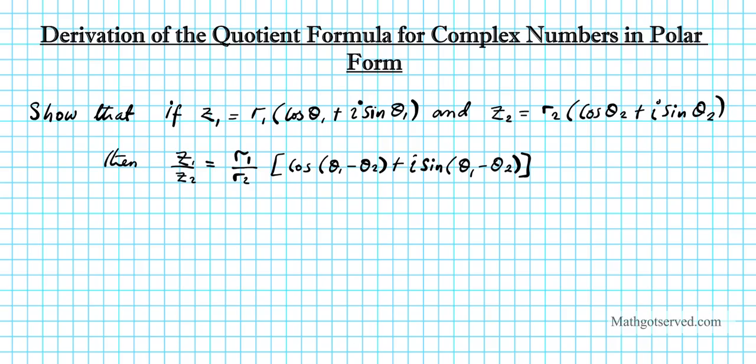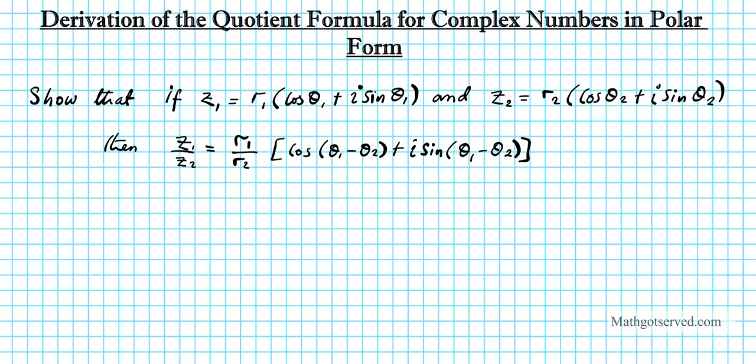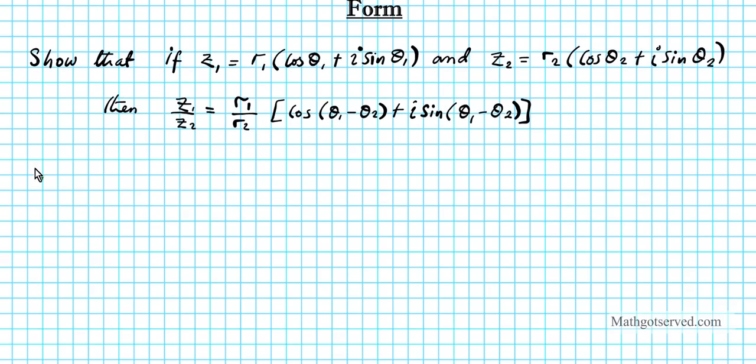Alright, there are two identities we're going to be using in this derivation. So let's go ahead and review those real quick. This is prerequisite knowledge that's required to execute this proof. The two identities are the difference identities for sine and cosine. Okay, so if you recall, sine of alpha minus beta equals sine alpha cosine beta minus cosine alpha sine beta.